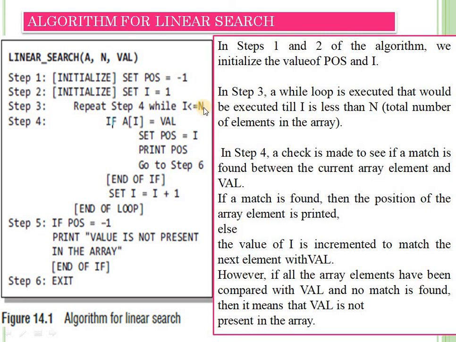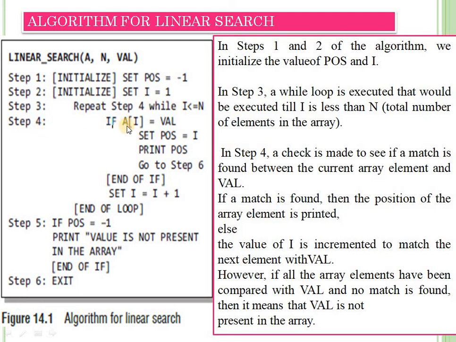N is the total number of elements, meaning the size of that array, and I is the first, here 1. Okay, I is the variable we are using for the next index. We are changing the index now.